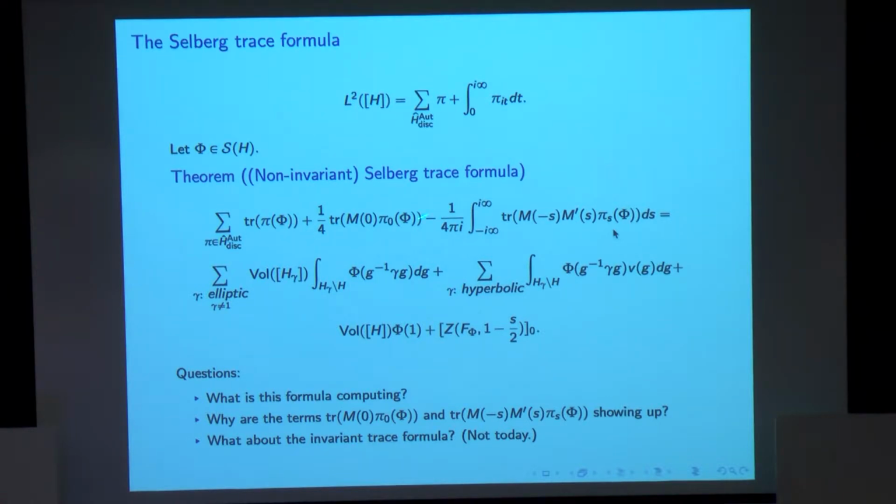It includes this very mysterious term, which is also an invariant term, but it comes from the continuous spectrum of this space. It includes an integral of logarithmic derivatives of intertwining operators over the continuous spectrum. And on the geometric side, it includes weighted orbital integrals plus the contribution of the unipotent orbits.